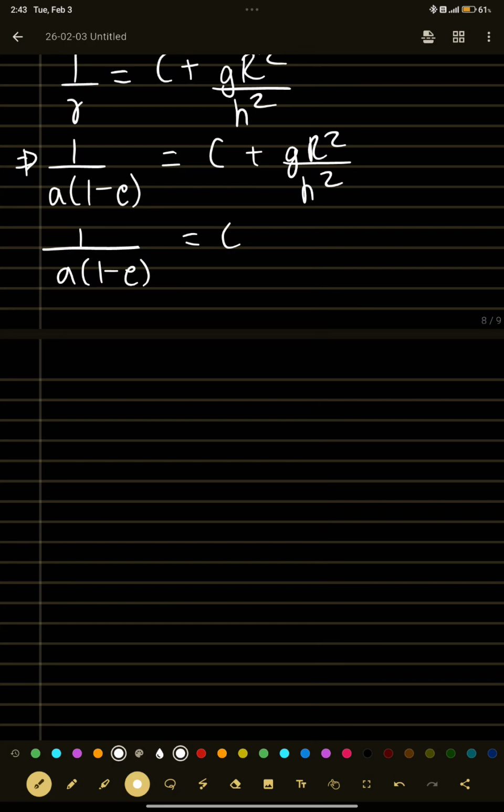We have to get the ellipse in terms of energy contained by an ellipse as a constant value. So we need to eliminate the value of E. How do we eliminate the value of E?